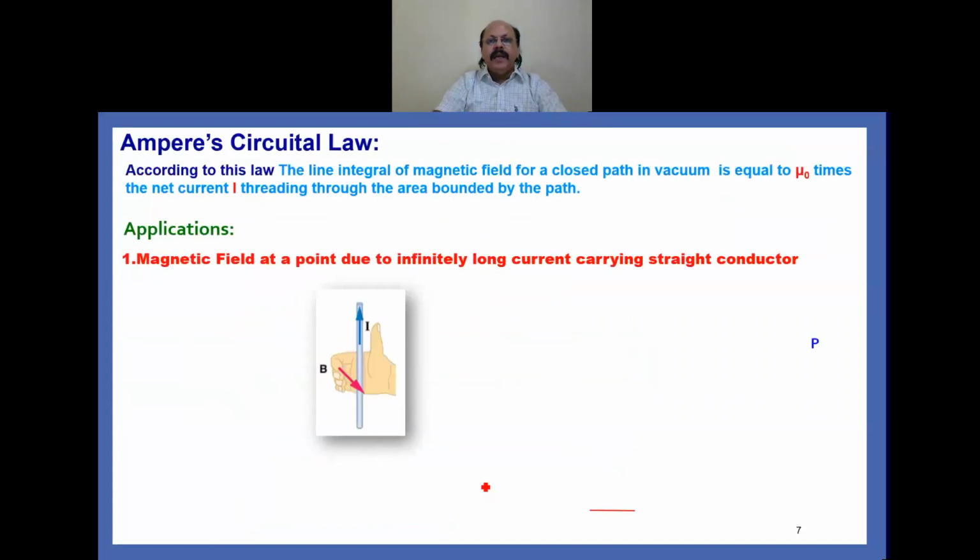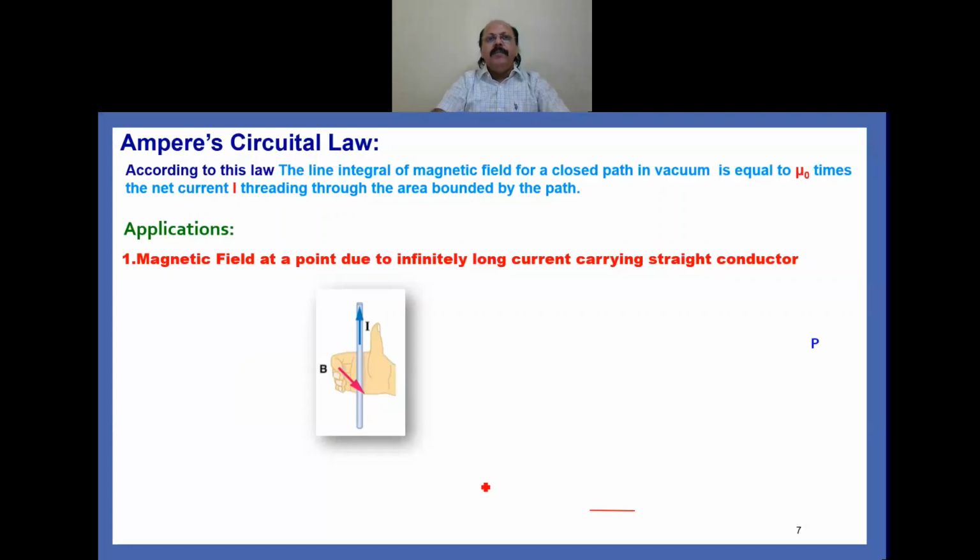Now Ampere's circuital law, another topic. According to this law, the line integral of the magnetic field for a closed path in vacuum is equal to mu naught times the total current, or the net current I, threading through the area bounded by the path.